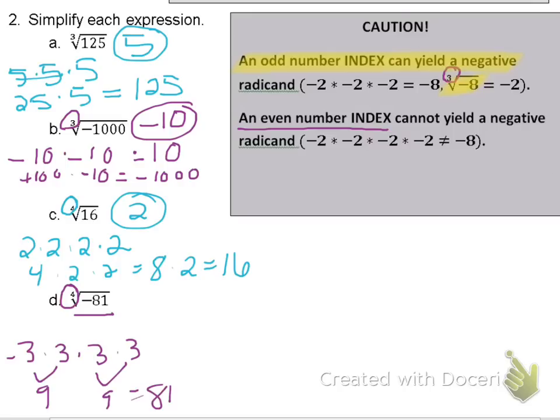But if we make all these negatives, these two will cancel and these two will cancel and become positive, so it will be a positive 81 still. So that doesn't work. So that goes with this rule that an even number index cannot yield a negative radicand. So that means this is no solution.